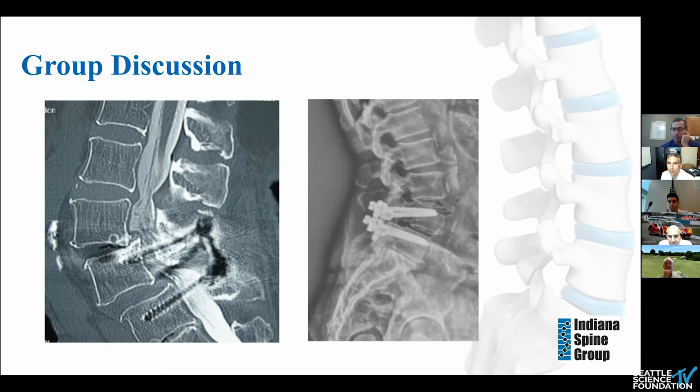When we're talking about the number of levels you need to fix the problem, and moving from degenerative stuff to deformity stuff, one of the skills we all have to have is getting a ridiculous amount of lordosis at a short segment.